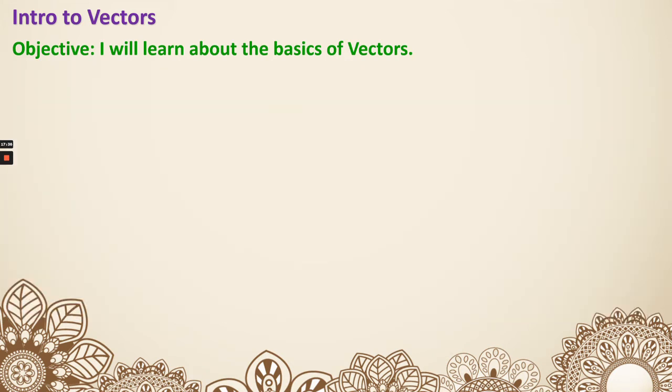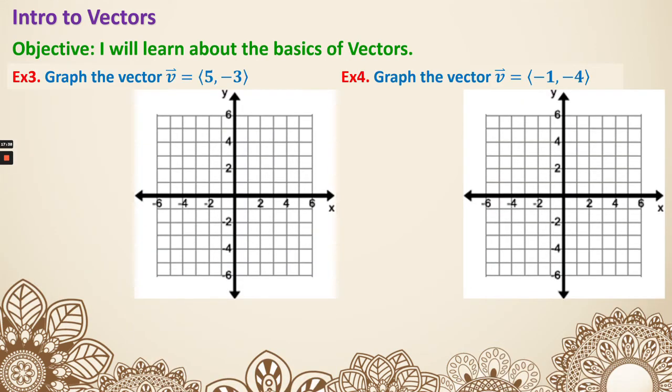Now let's have a look at some examples. Example 3, graph the vector b equals <5, -3>. This is why the component form is super easy. We defined component form after we learned we can move the vector anywhere, so the tail is just on (0, 0). This only provides us with 1 point, which is at (5, -3).